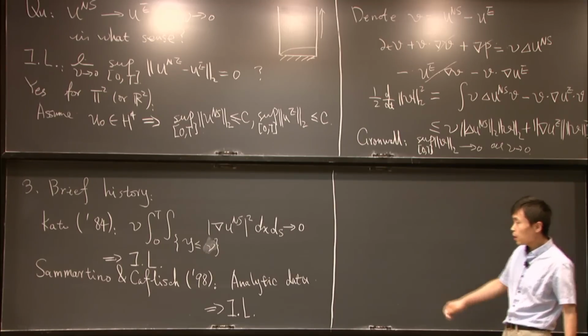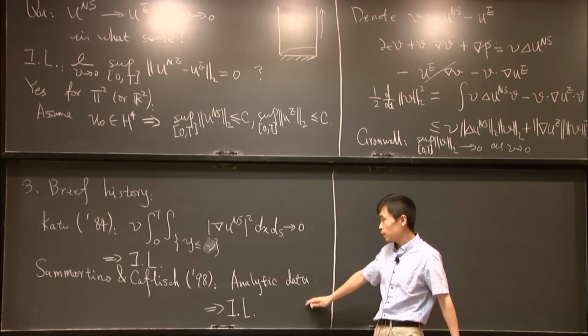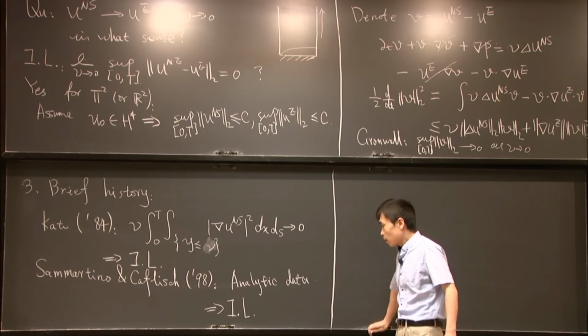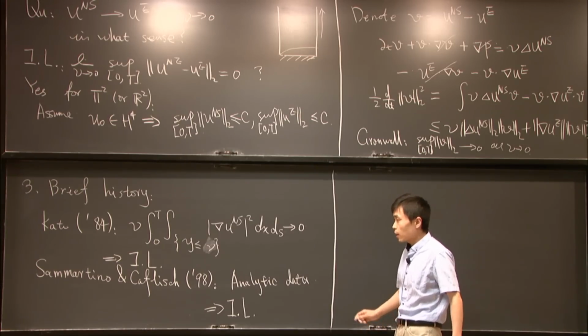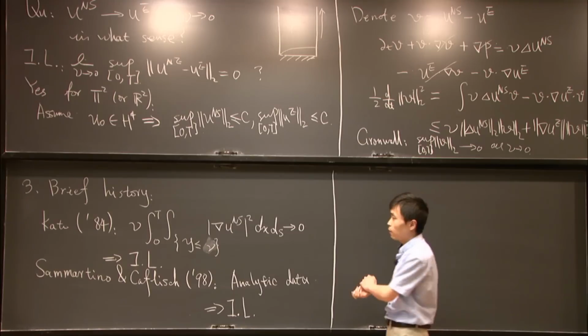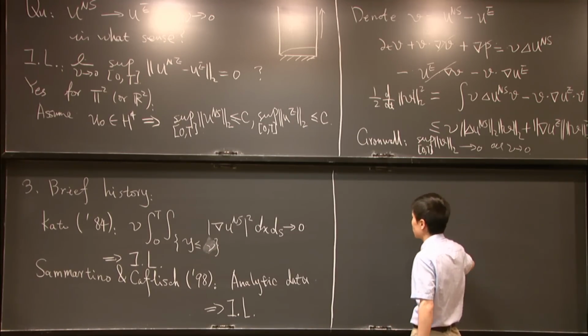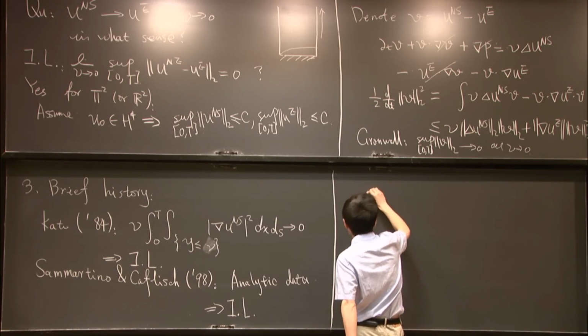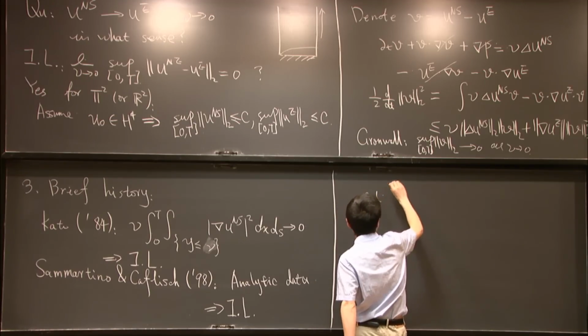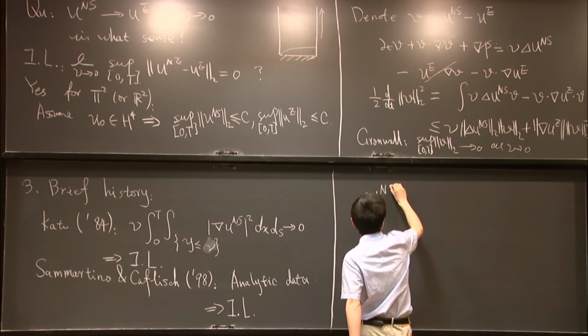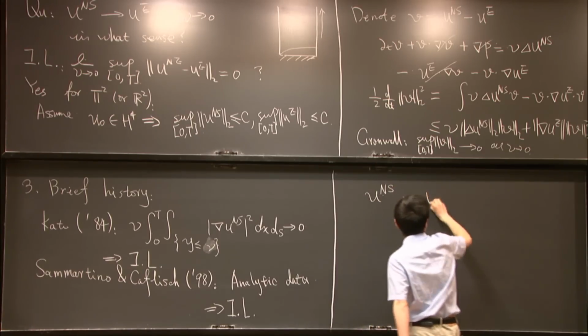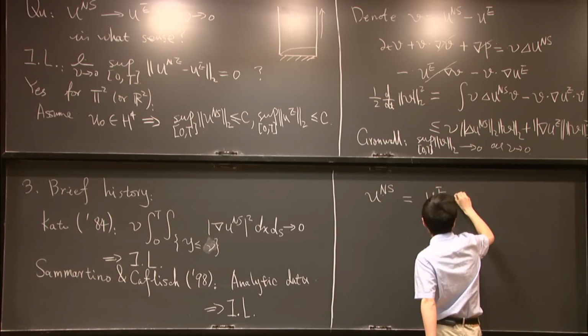And actually, in this paper, what they proved is that they verified the so-called Prandtl expansion. So here, what they prove is like this. They prove that this Navier-Stokes equation is equal to this Euler equation.